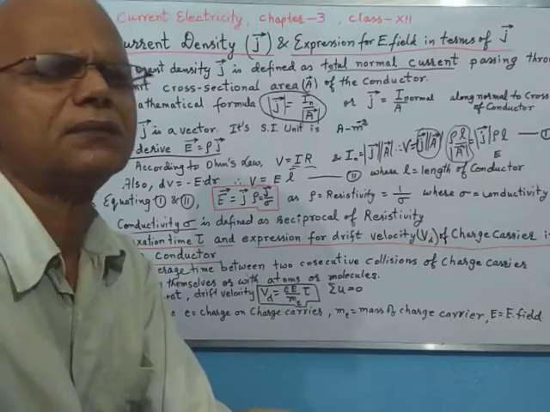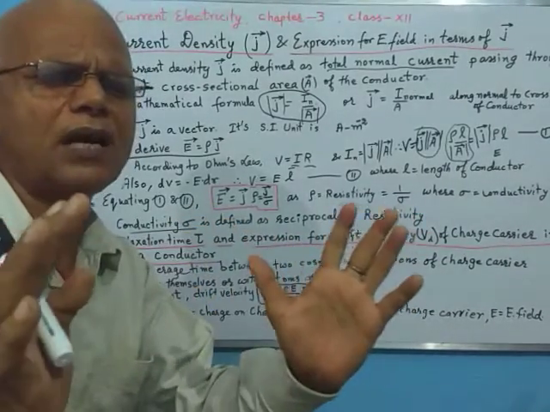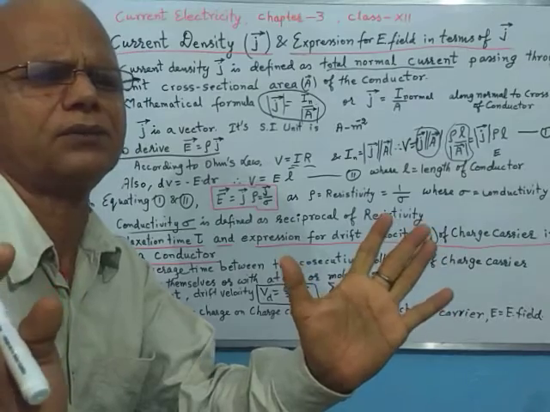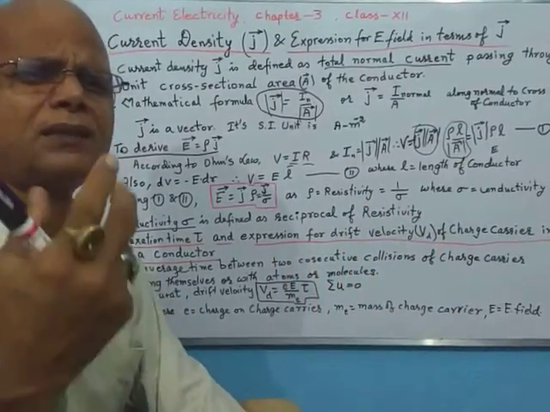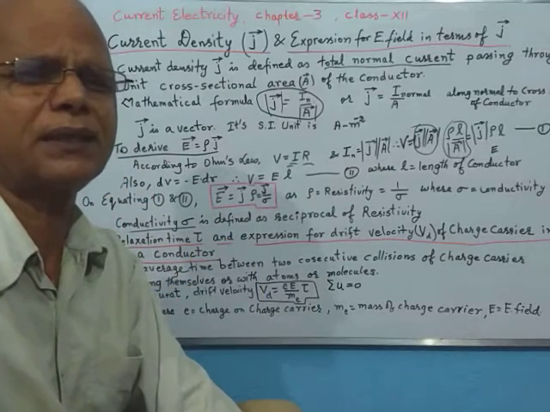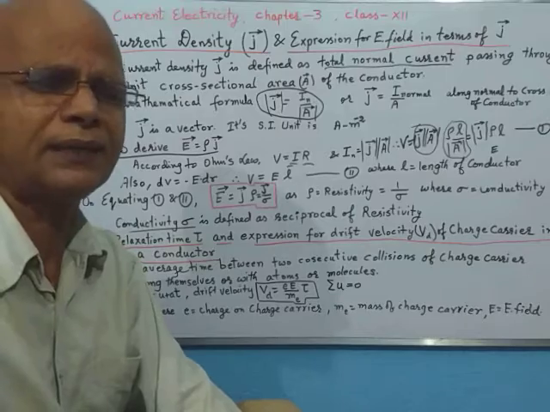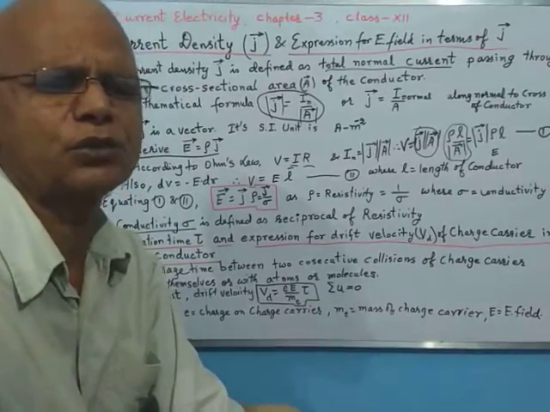Why is this being said? Because when you have not applied any electric field or potential difference across the conductor, the charge carriers are still moving within the conductor, but randomly, and there is no net movement of the charge particles through the conductor.